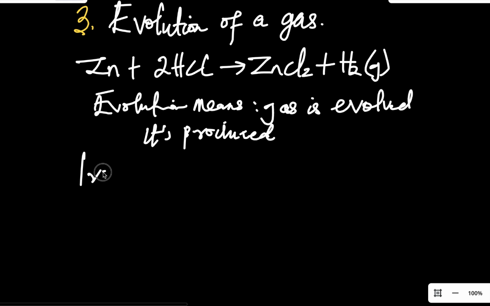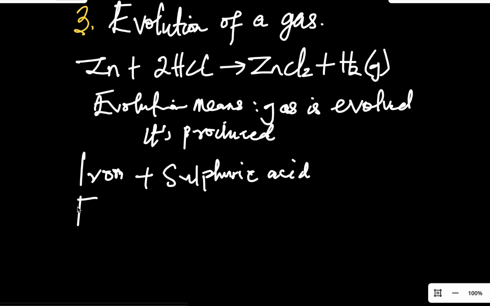For example, if you have iron reacting with sulfuric acid, why am I even writing the name? I should write it in compound form. Let me put it in this form: iron, Fe, reacts with sulfuric acid, which is H2SO4.